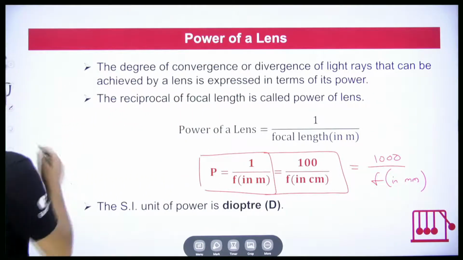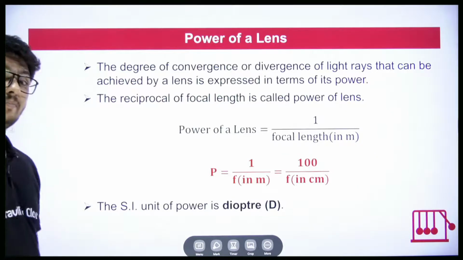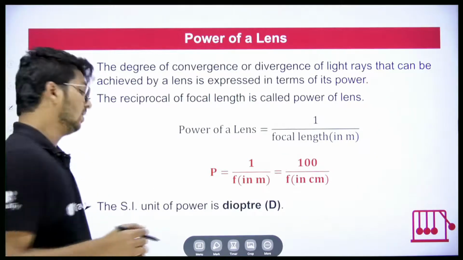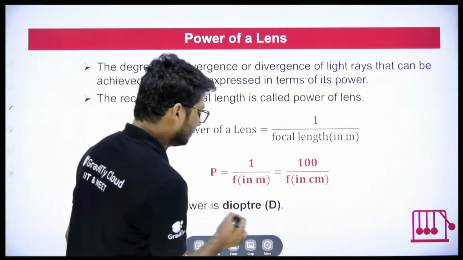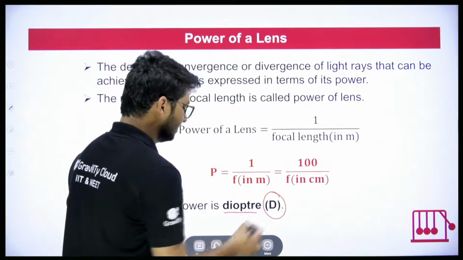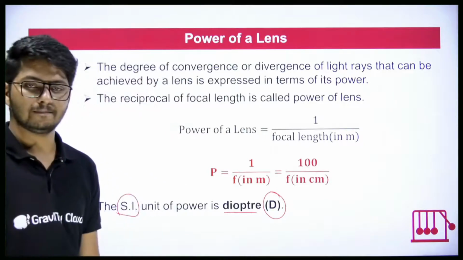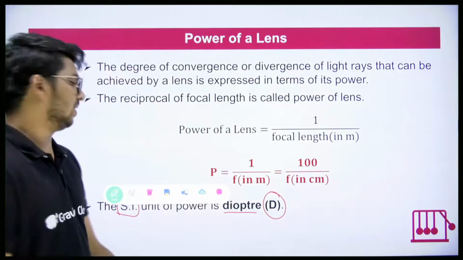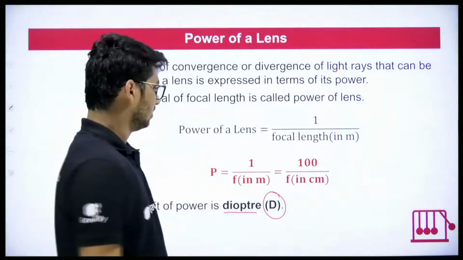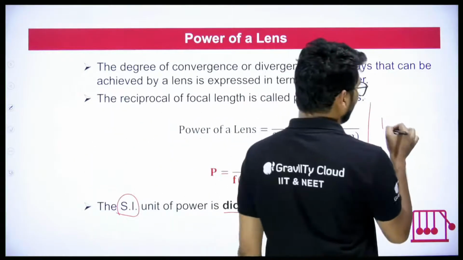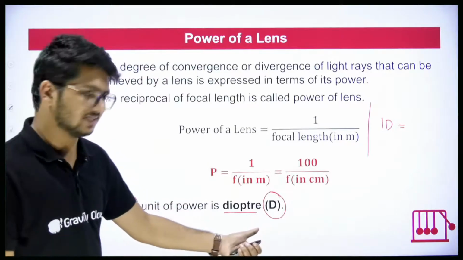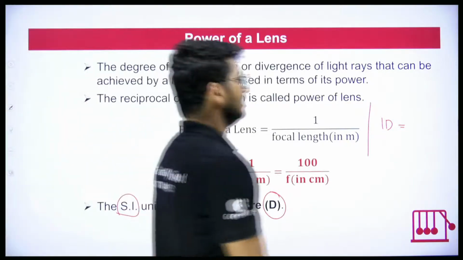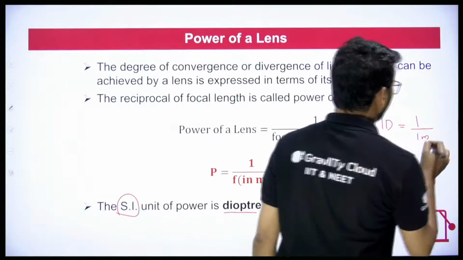Got it? And one more important point is that the SI unit of power is called diopter, and the symbol is capital D. What is the SI unit going to be here? Just look at this. We are taking power as diopter, the SI unit. So 1 diopter is equal to 1 by 1 meter.